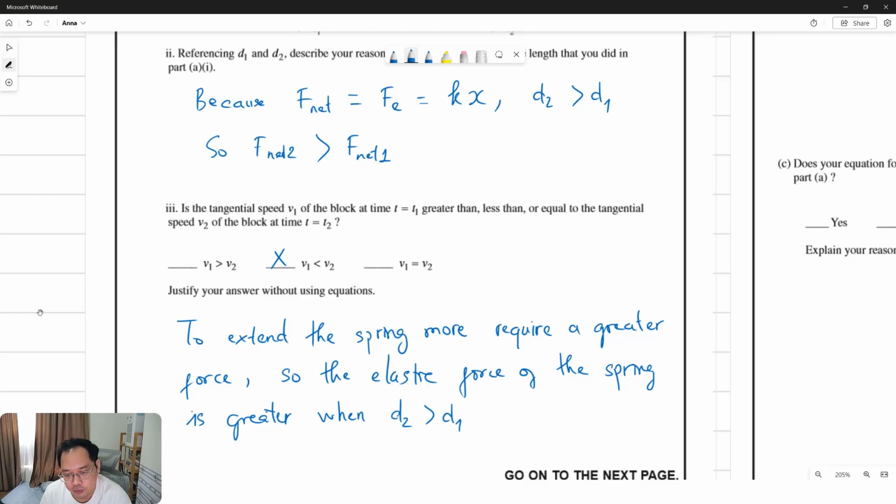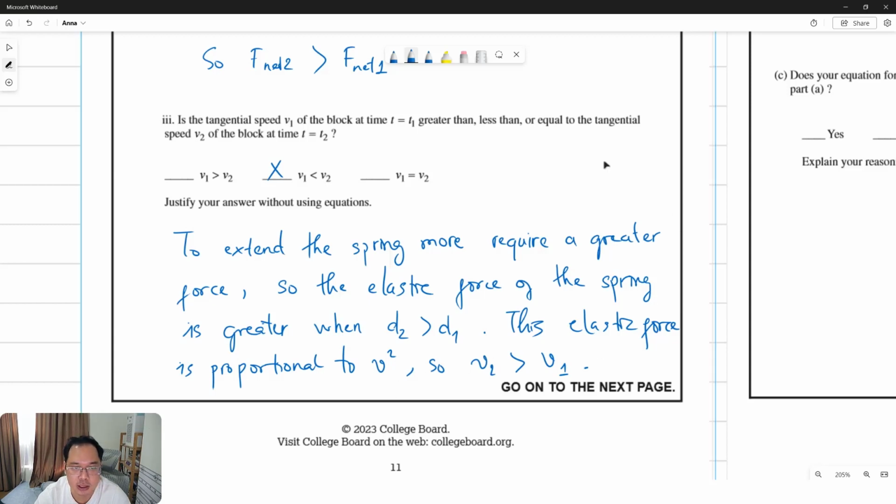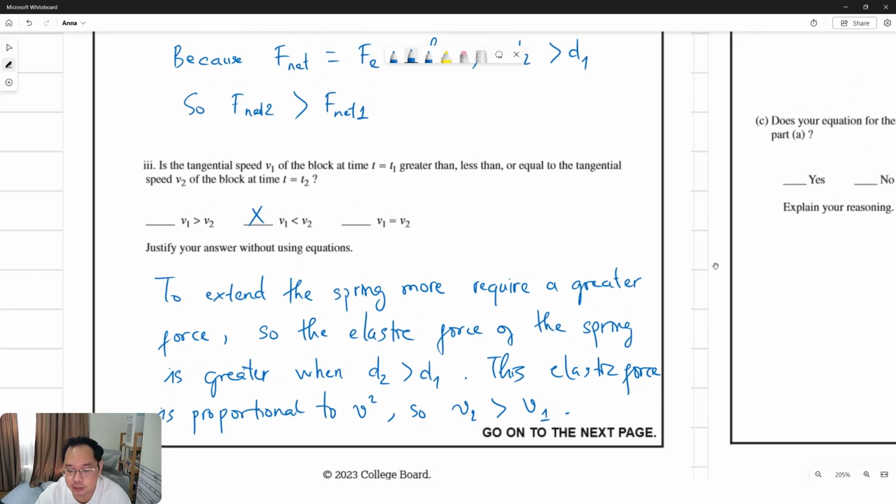With the elastic force greater, this elastic force is the centrifugal force, which is proportional to the square of the speed. Therefore, when this force is greater in the second case, the speed of the object must be higher, since it is proportional to v squared. So v2 must be greater than v1 when the elastic force in the second case, F net 2, is greater than F net 1.